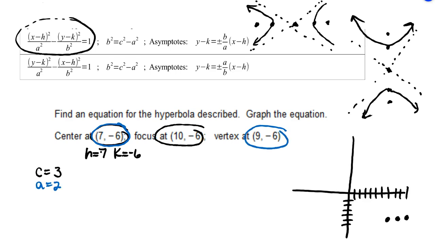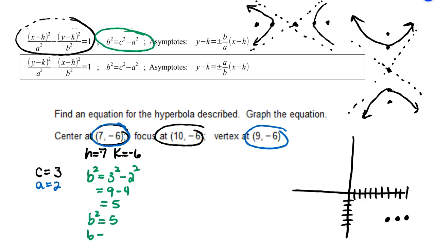So a is equal to 2. Then we can use the Pythagorean theorem to help us find the value of b. b squared is equal to 3 squared minus 2 squared. It's 9 minus 4, which is 5. So b squared is 5, making b the square root of 5.